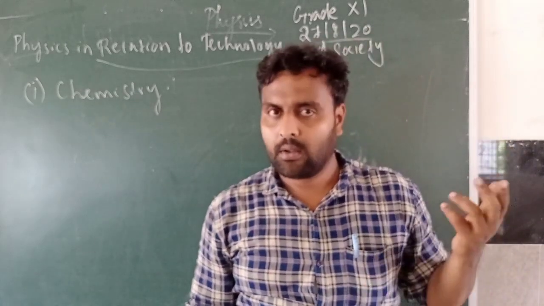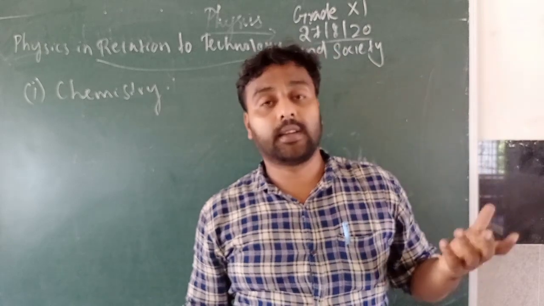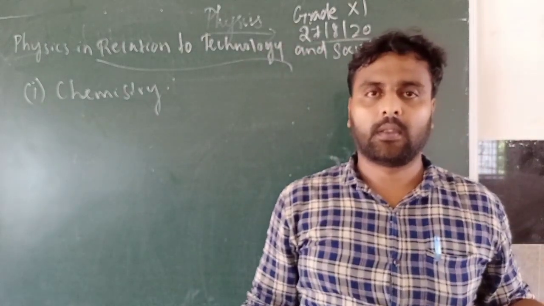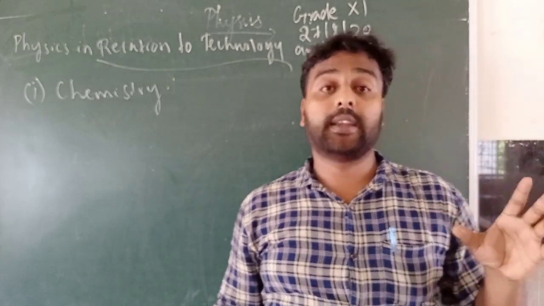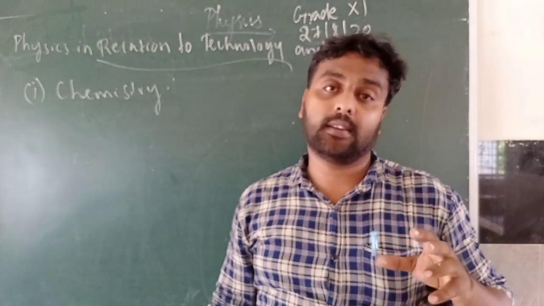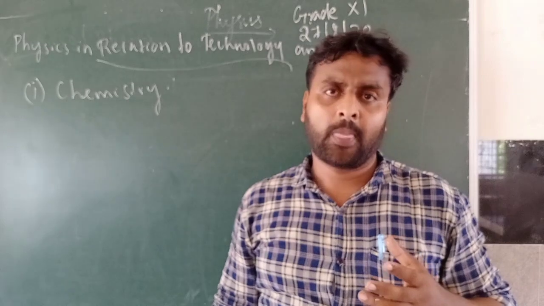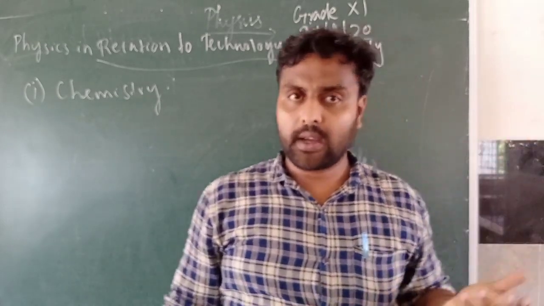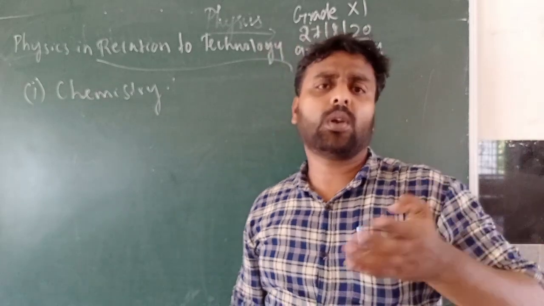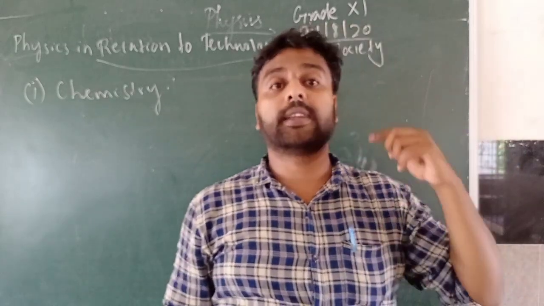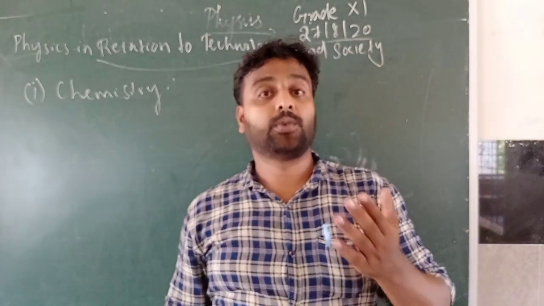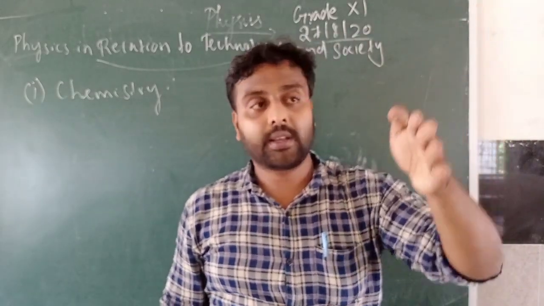Understand? How is physics related to chemistry? In physics, we are studying about the structure of the atom, X-ray diffraction and radioactivity. So these all help the chemistry scientists, the chemistry researchers, to arrange the periodic table in order.